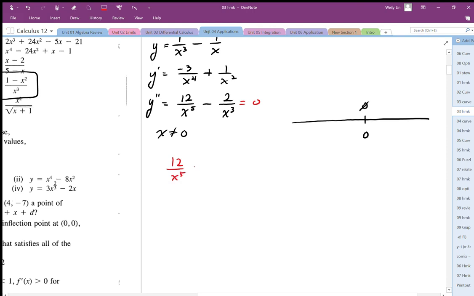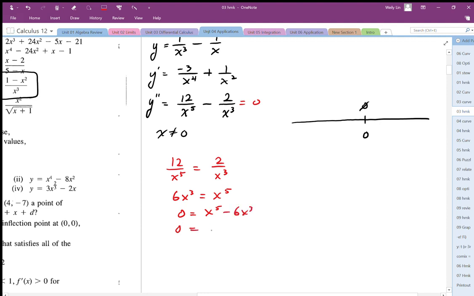Okay, so when I solve that, I'm going to end up with 12x to the 5 is equal to 2x cubed, and then I divide both sides by 2, so I end up with 6x cubed is equal to x to the power 5. And again, I want to solve this equal to 0, so I end up with x to the power 5 minus 6x cubed.